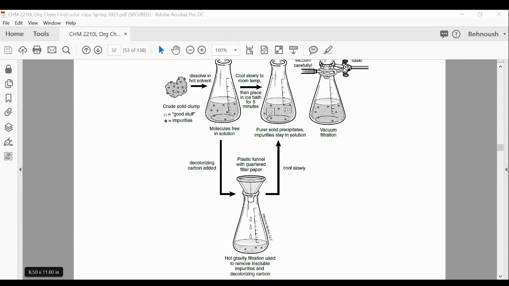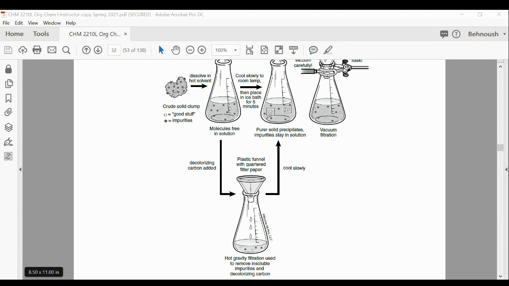The precipitation is sudden, everything comes down at the same time. So if that happens, it can trap impurities. So your sample is impure and defeats the purpose of recrystallization. It can trap solvent. If it traps solvent, it gets oily product instead of powder or solid compound, you get oil. And you don't want that either.